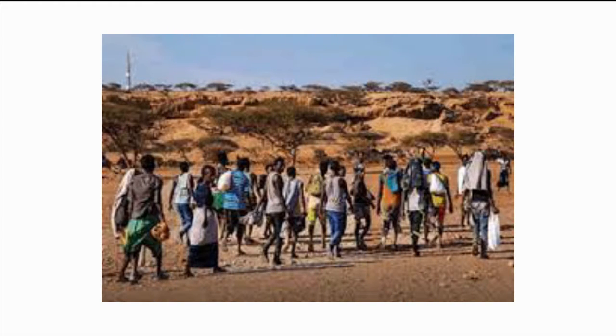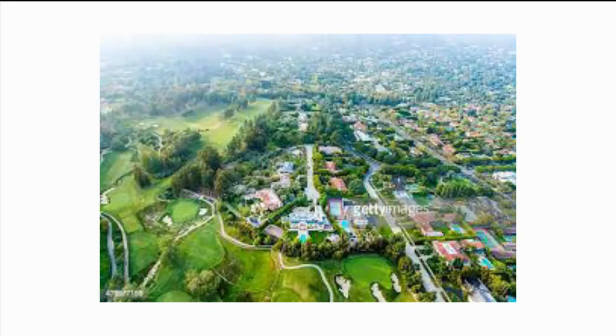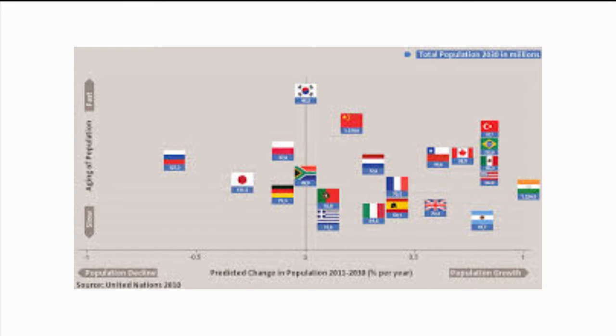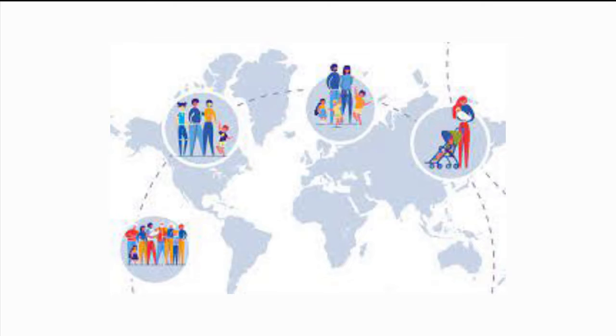Migration and good structural urban and regional planning or transportation can also lead to population growth like we have in Japan, Europe and South Africa.